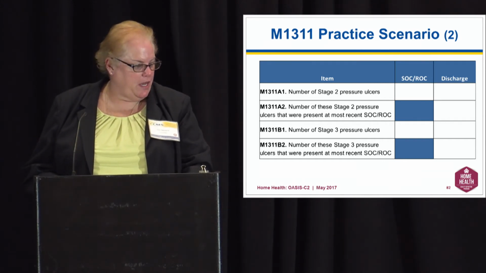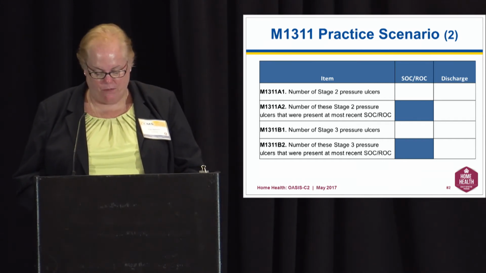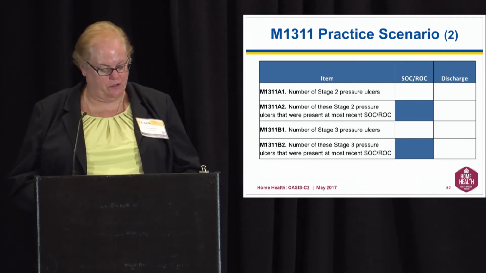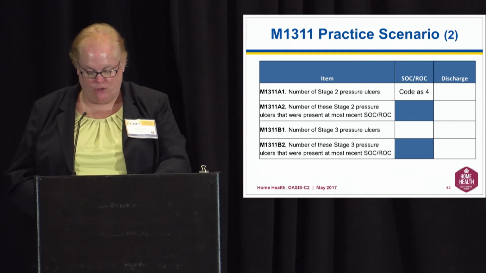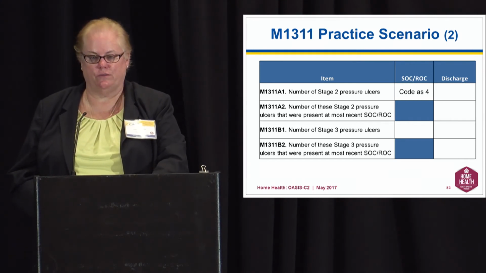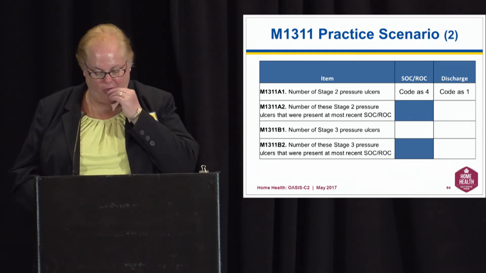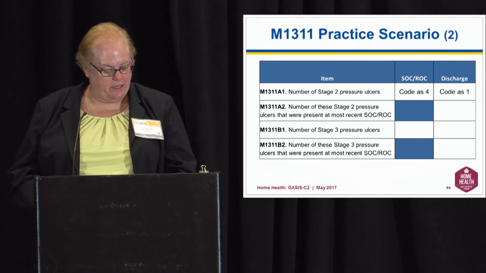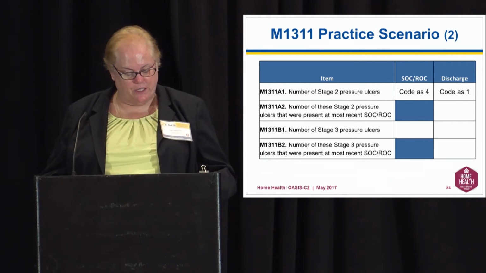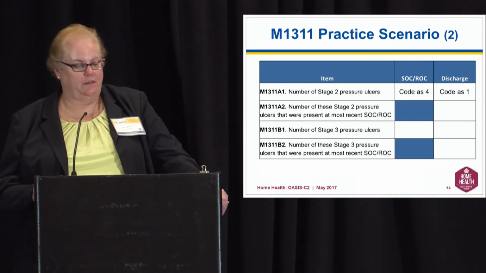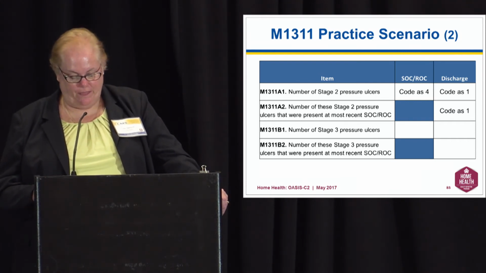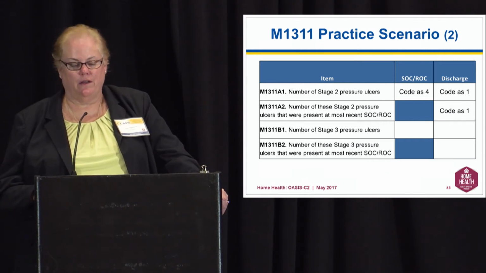M1311 A1, number of stage 2 pressure ulcers: 4, correct. Number of stage 2 pressure ulcers at discharge. Very good, great. All right, then number of these stage 2 pressure ulcers that were present on the most recent SOC/ROC. Very good. Number of stage 3 pressure ulcers at the start of care. Good.